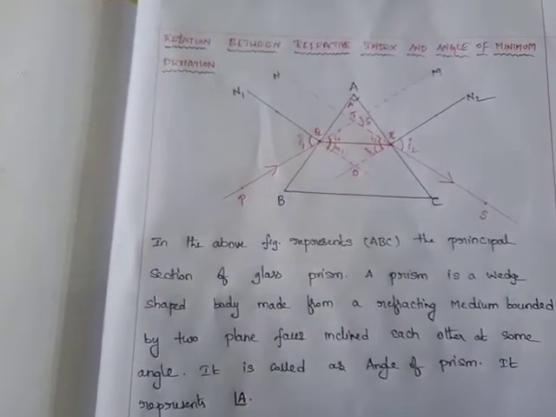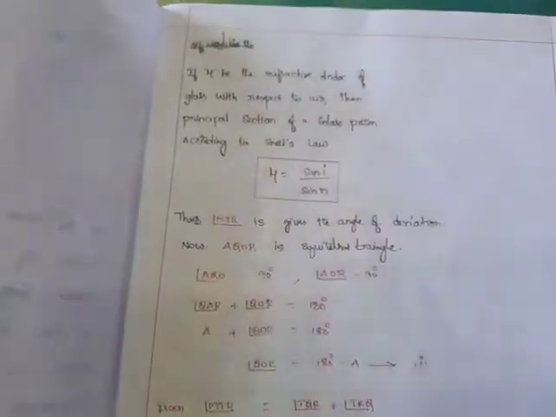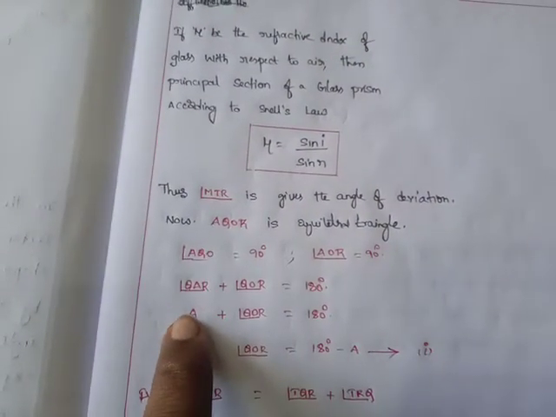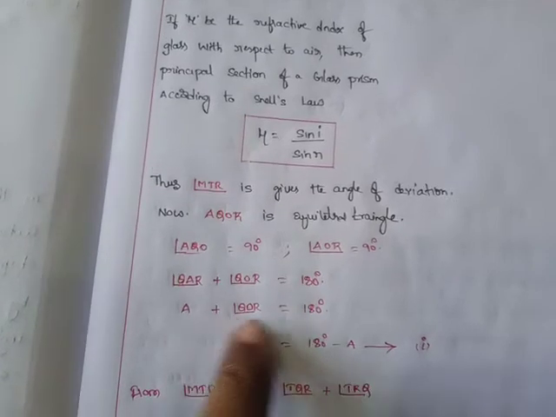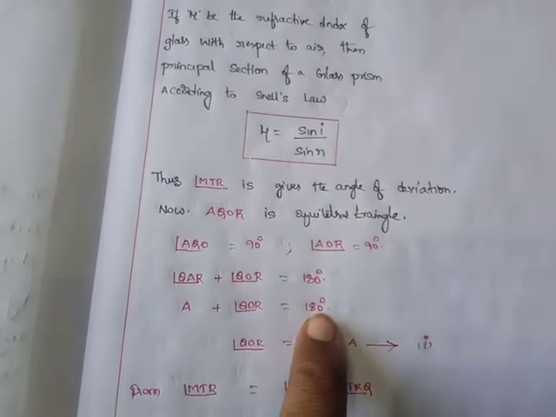Clear? Now angle A plus angle QOR is equal to 180 degrees.